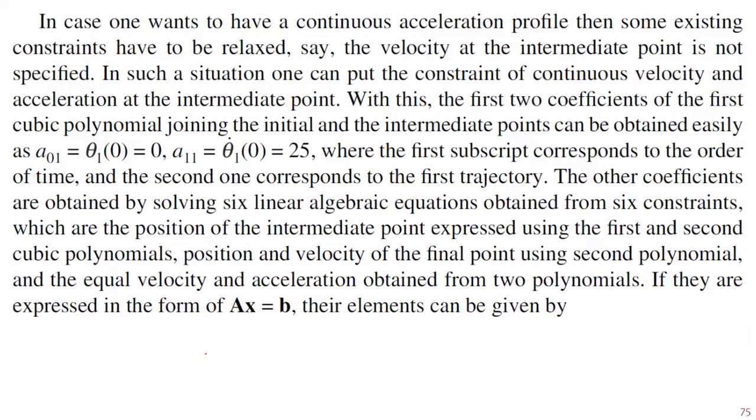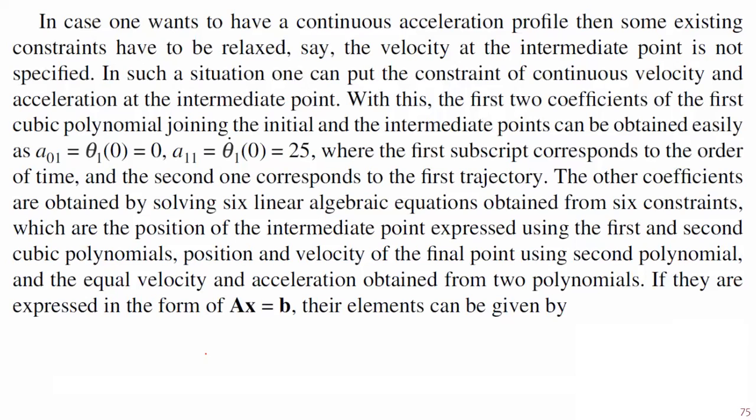With this, the first two coefficients of the first cubic polynomial joining the initial and the intermediate points can be obtained easily, as a01 is equal to theta 1 of 0, which is equal to 0, a11 is equal to theta 1 dot of 0, which is 25, where the first subscript corresponds to the order of time and the second one corresponds to the first trajectory.